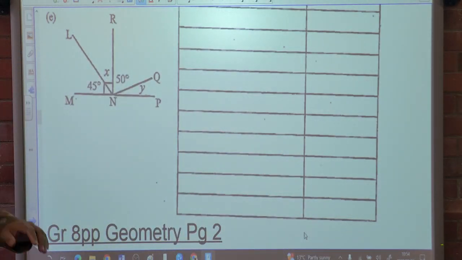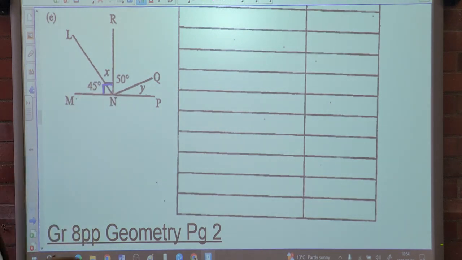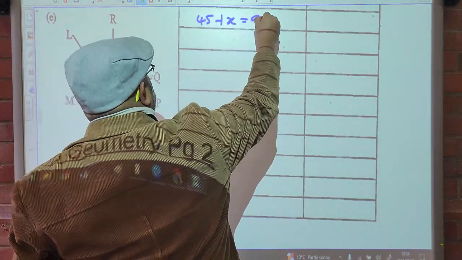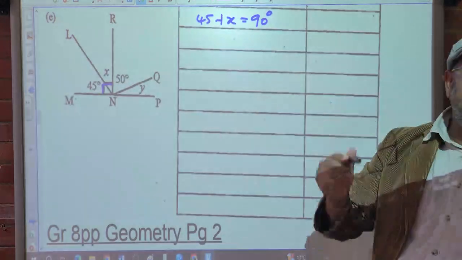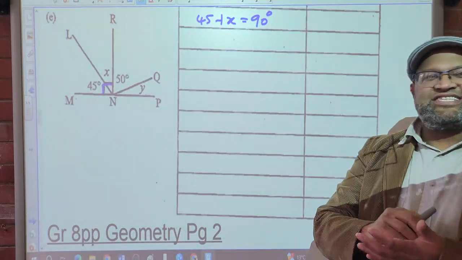Right, people, let's look here. What is that? 90. So that means you say 45 degrees plus x is equal to 90. Why? It's a right angle. It's given a right angle. If it's on the diagram, then it's given.